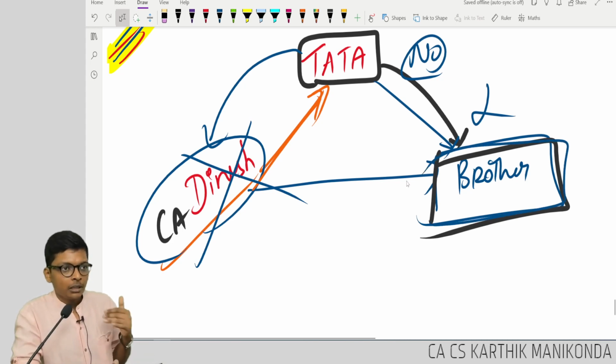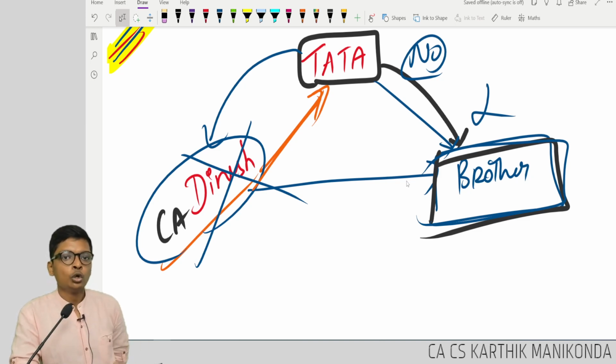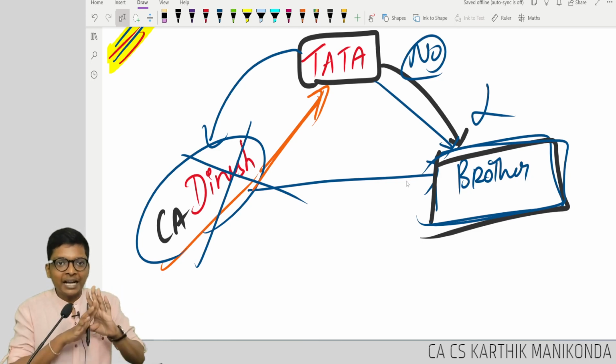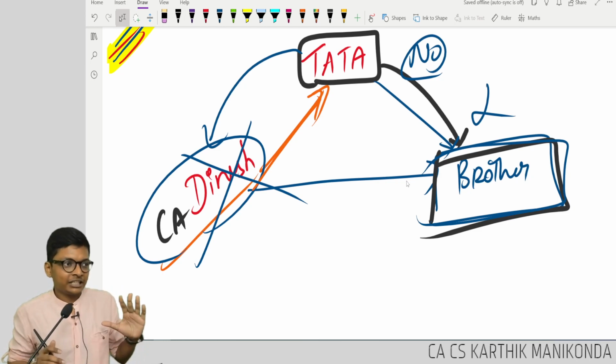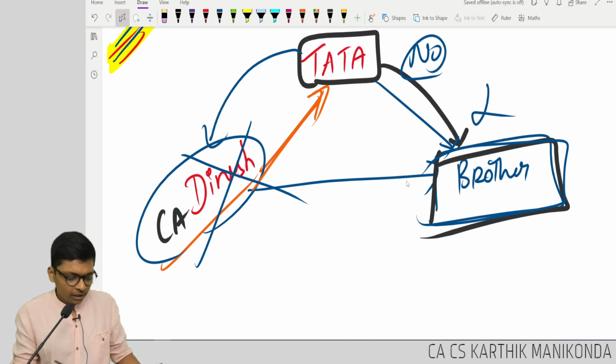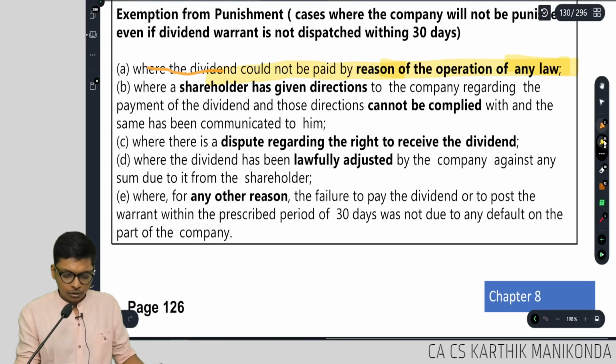He thought brother will get dividend. Tata did not pay dividend. Now, can he invoke section 127? No, because he gave some instructions and the company told, I can't follow those instructions, and they informed whom? Dinesh. Are you following?